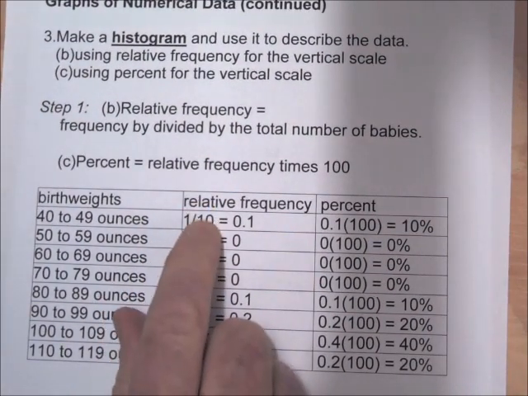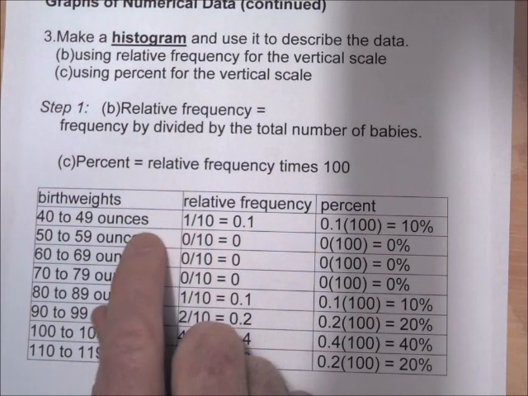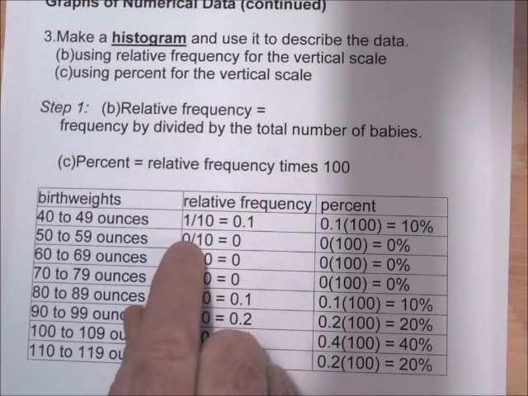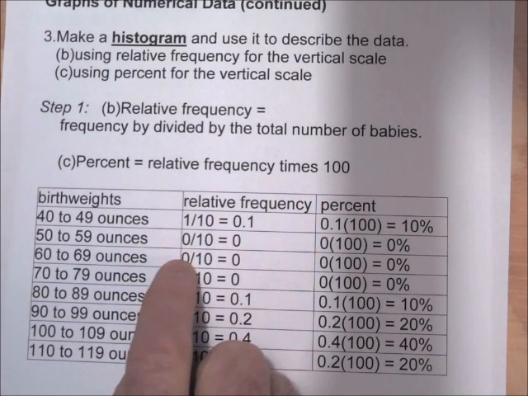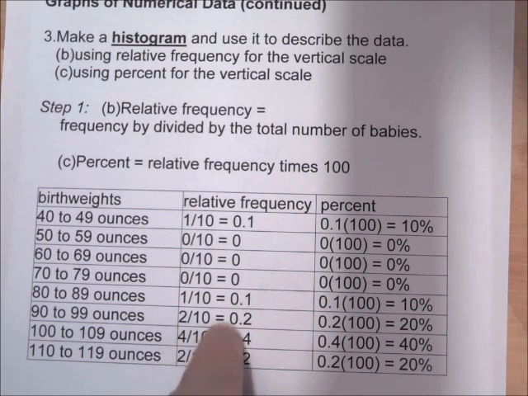So we have a total of 10 babies. So if we divide each of these by 10, 1 divided by 10 is 0.1, 0 divided by 10 is 0, and 2 divided by 10 is 0.2, 2 tenths, 4 divided by 10 is 0.4, 2 divided by 10 again, 0.2. So that gives us the relative frequencies.